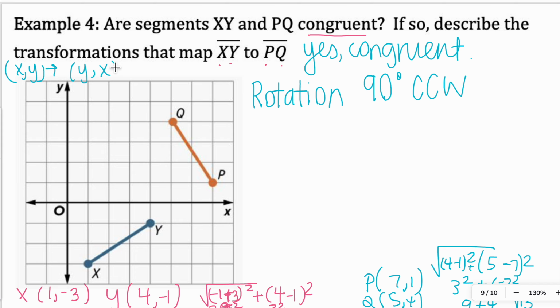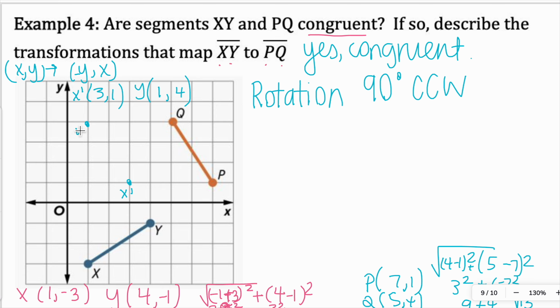It pushes our y to the front and makes y negative, where x stays the same. So X is right now at 1, negative 3. X prime would then end up being 3, positive 1. So here would be X prime. And then Y is right now at 4, negative 1. So push my y to the front, give it an opposite: 1, comma 4.